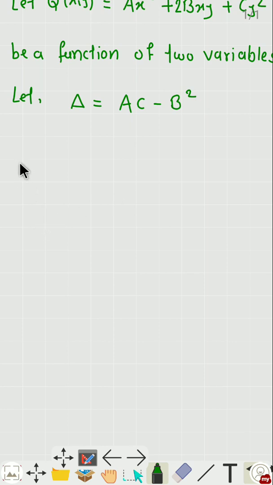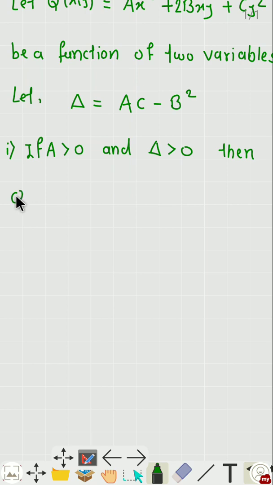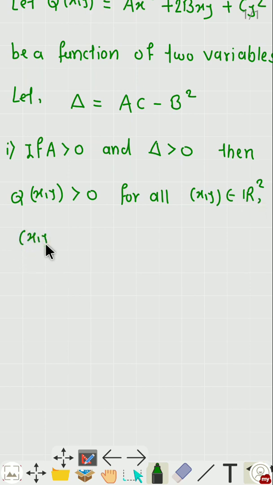Okay, and let us write the first condition. First condition says that if a is greater than 0 and delta is also greater than 0, then q at point x comma y is greater than 0 for all x comma y belongs to R2, and here x comma y is not equal to 0 0.